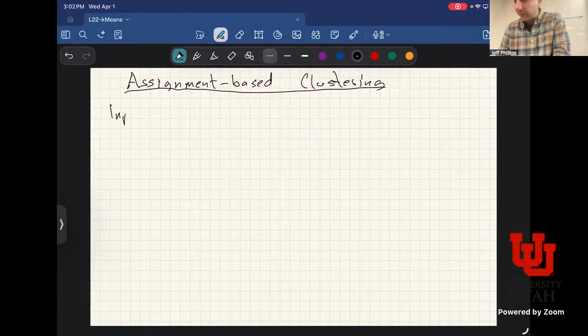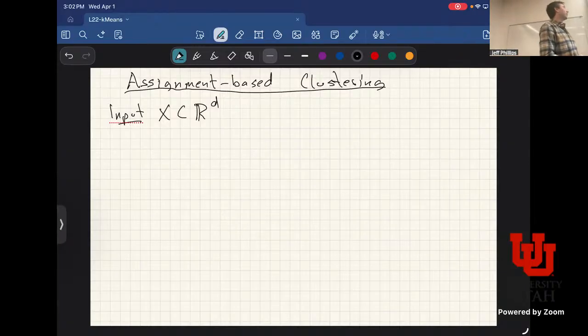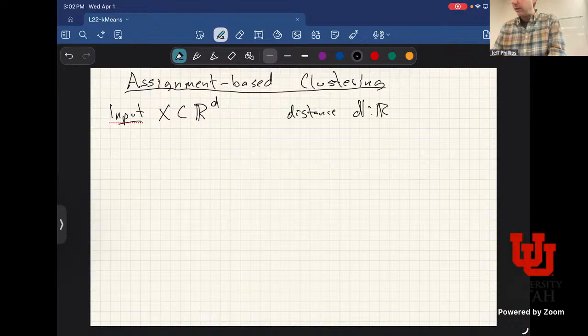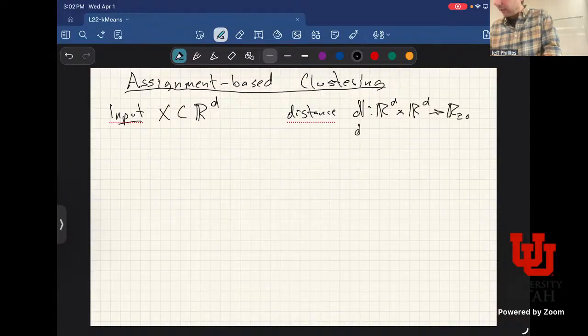But we will be talking about an input, which will be X, and this is our data. It's going to be a subset of R^d. So we nicely have these points, which are already vectors. And in fact, we also have a distance between these vectors, which is going to give us a positive value.